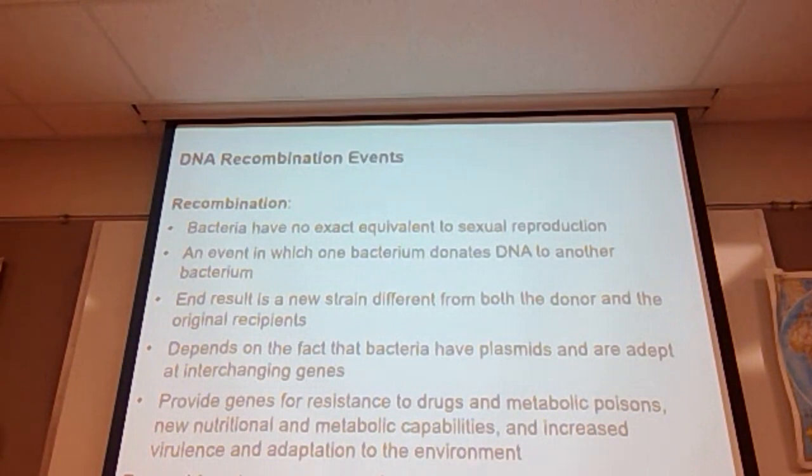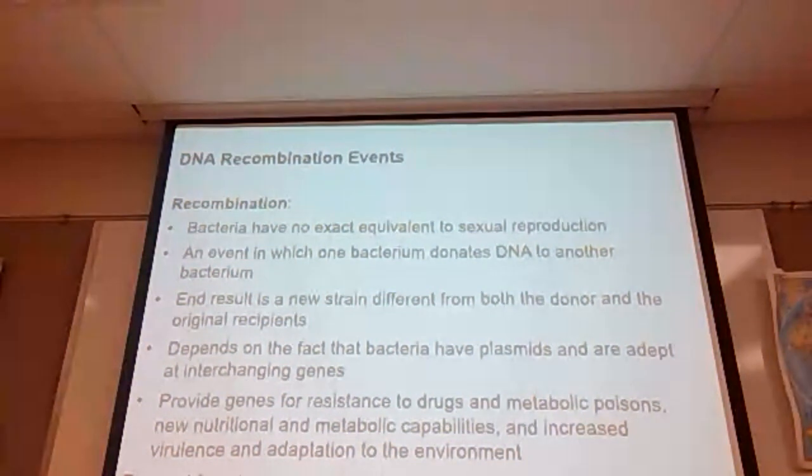This process can provide genes for resistance to drugs and metabolic poisons. It can make them capable of using new nutritional and metabolic items, and it can increase the virulence and the adaptation to the environment. A recombinant is any organism that contains genes that originated in another organism.